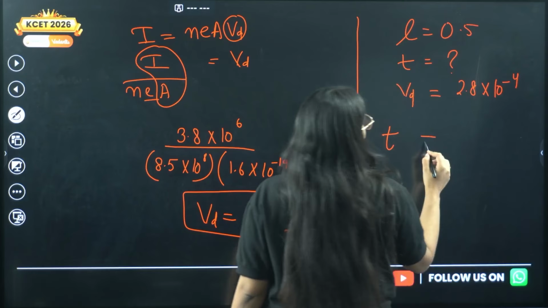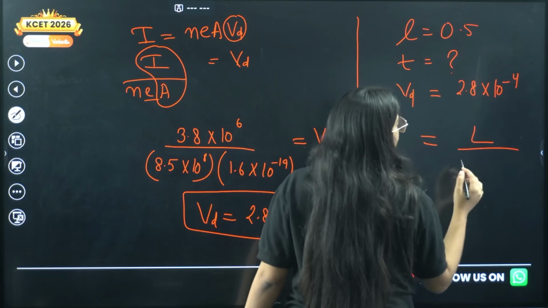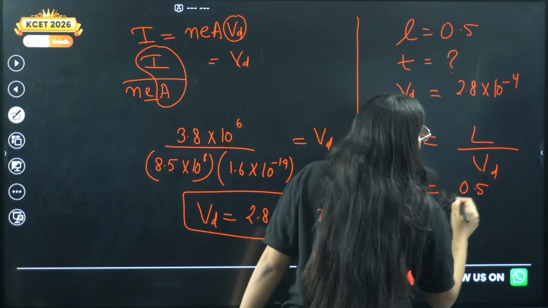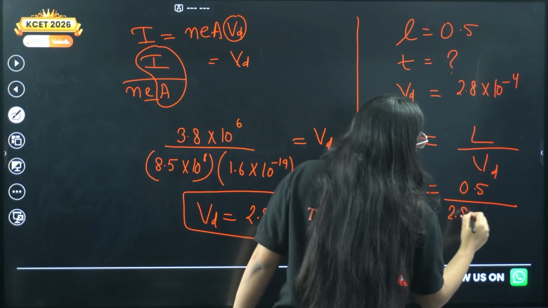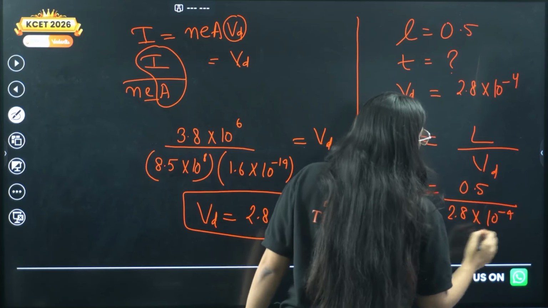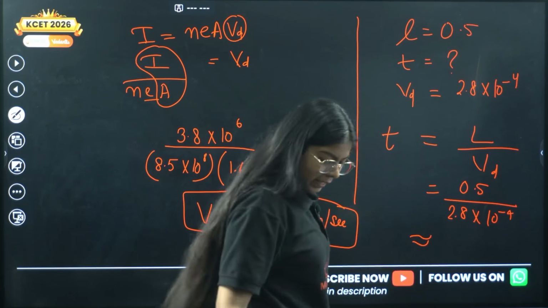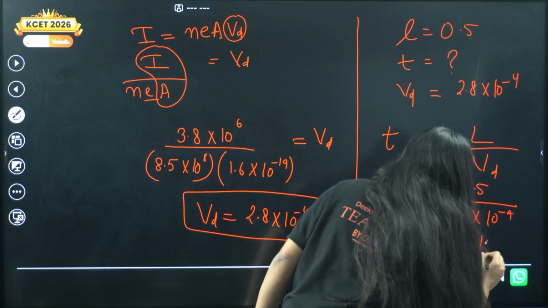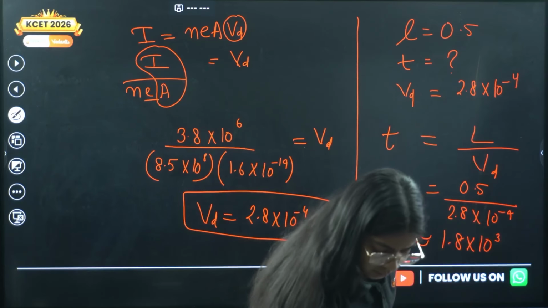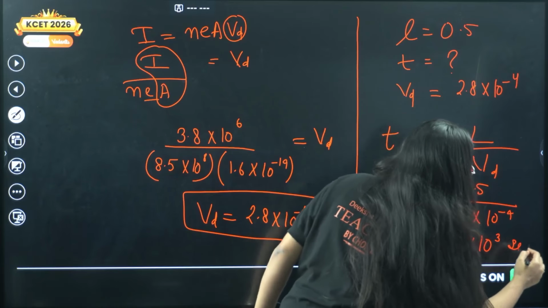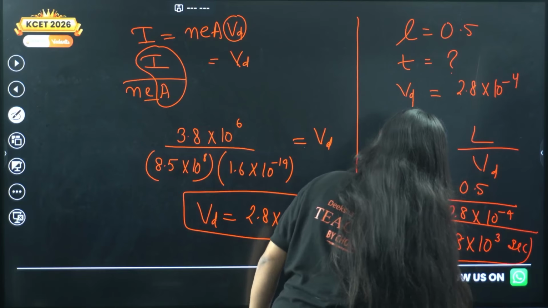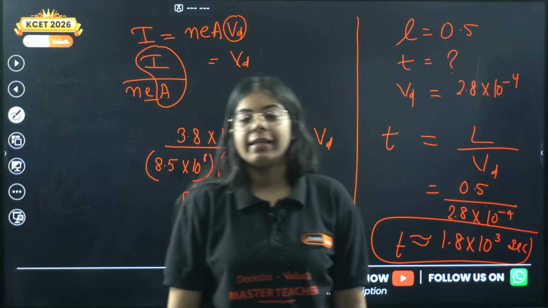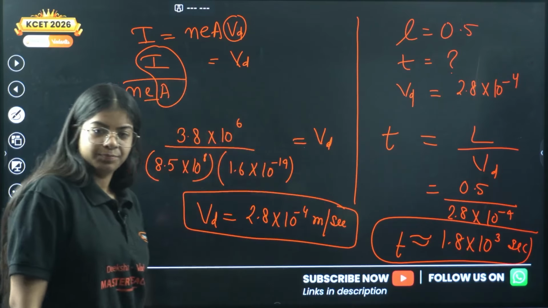So my time will be distance by speed, L by Vd, which is 0.5 divided by 2.8 into 10 raised to power minus 4, which will be around 1.8 into 10 raised to power 3 seconds. Understood this? This will be my time. You can calculate this easily.